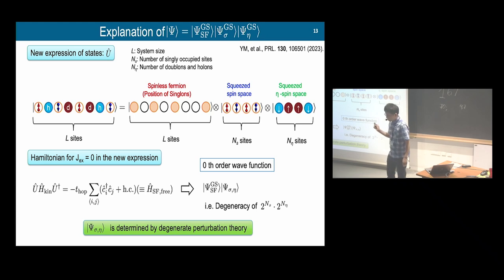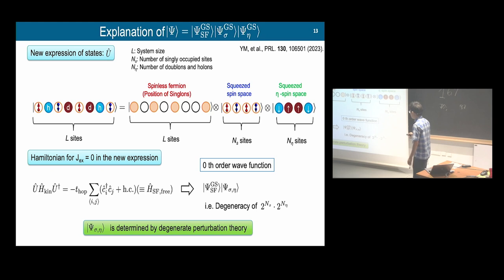And so this exact wave function form can be derived by perturbation theory. At the zeroth order, the effective Hamiltonian only hosts a hopping of the doublon and the holon. And it turns out in the new representation, this leading term is expressed with a simple expression like this, which is a free spinless fermion Hamiltonian.